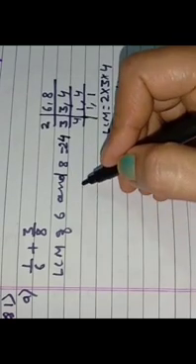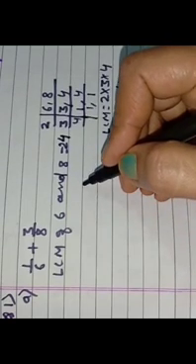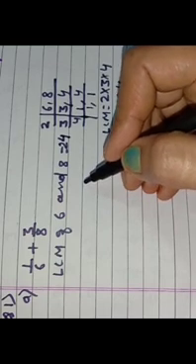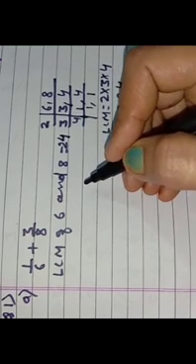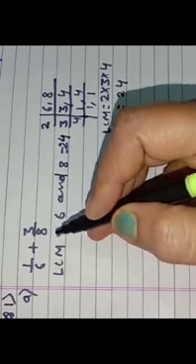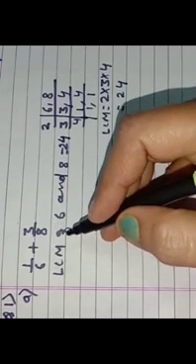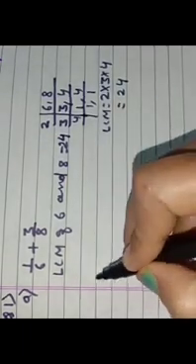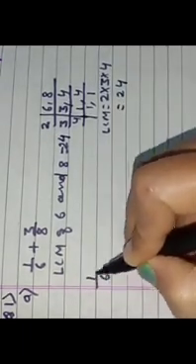Now we have to write here. Then we need to make equivalent fractions with denominators equal to the LCM. So we multiply both the numerator and denominator of both the fractions by a suitable number. So we multiply the first fraction, that is 1 upon 6.